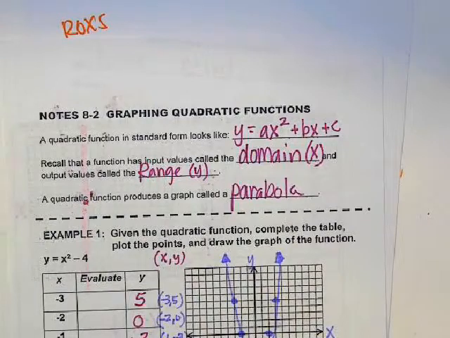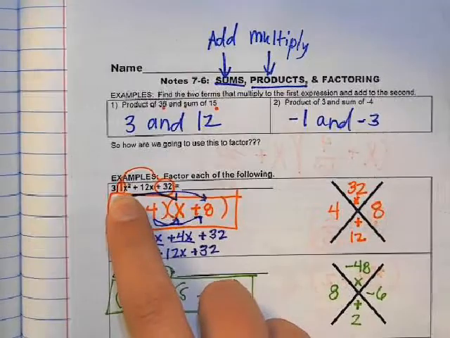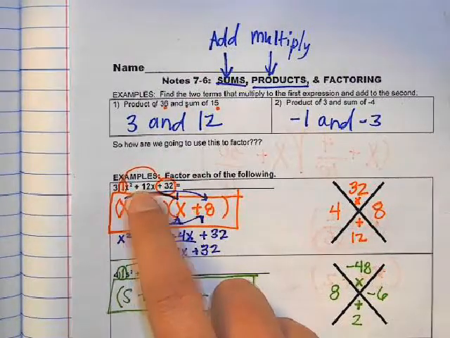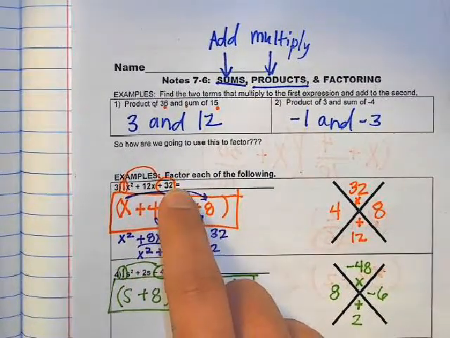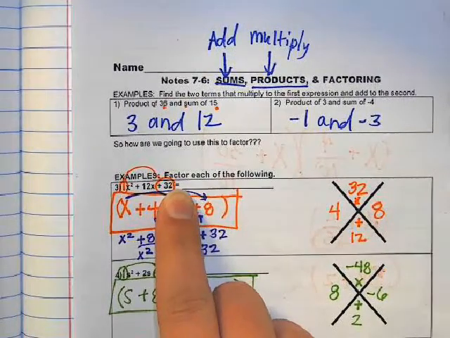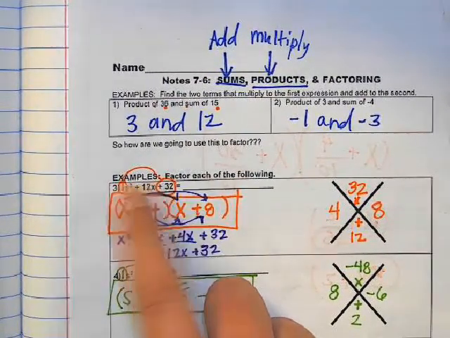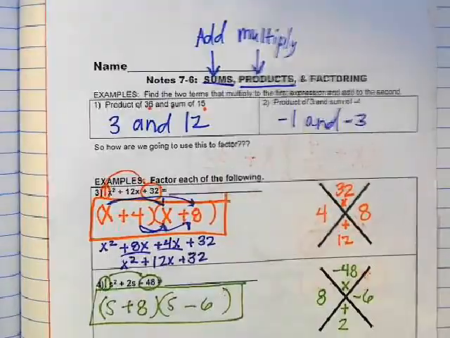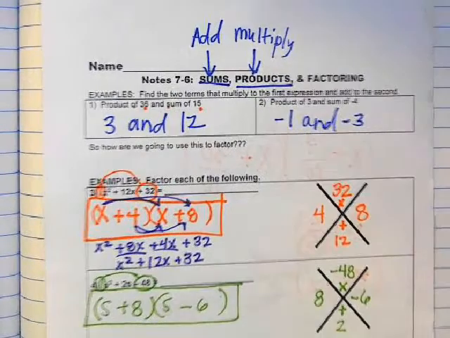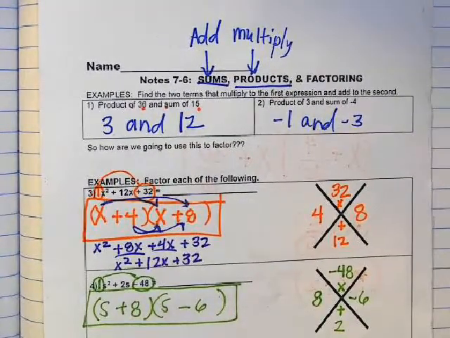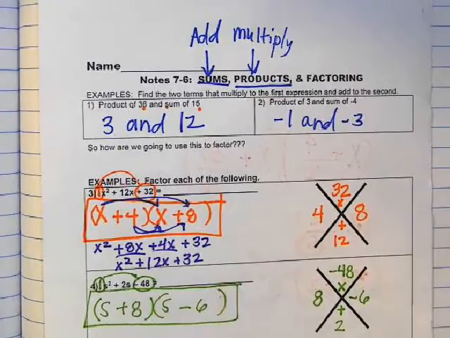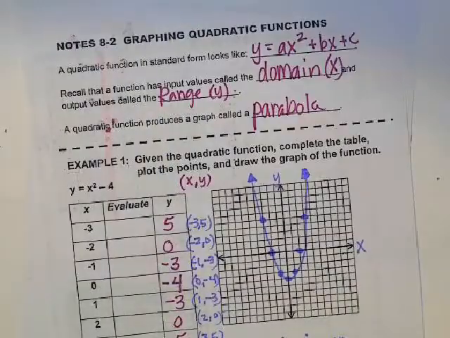Here's an example of an old notes. Ax squared plus bx plus c, where a, b, and c are numbers. So this is a quadratic equation. We just weren't talking about it being a quadratic equation. We were just focusing on factoring it, right? So we've already been doing quadratic equations.